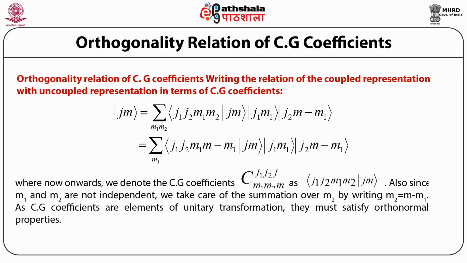<j1 j2 m1 m2|J M> are the Clebsch-Gordon coefficients, and we have used the relation m minus m1 for m2. This gives us the result: summation over m1 of <j1 j2 m1, m minus m1|J M>, |j1 m1>, |j2 m minus m1>.